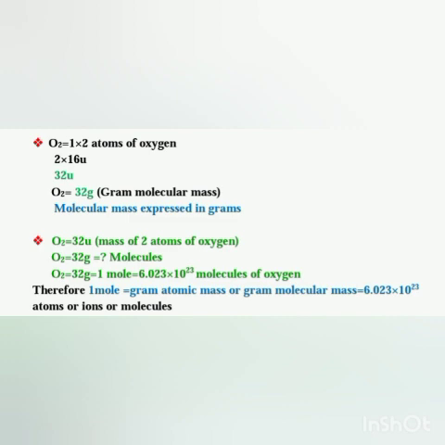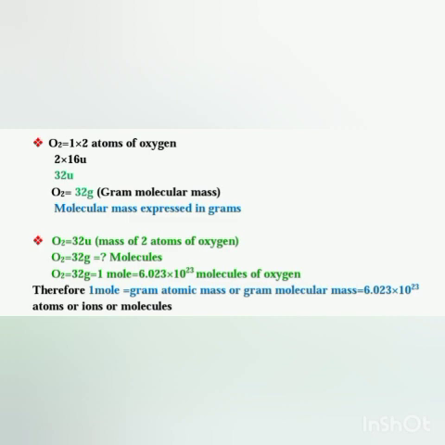But what does 32 g mean? 32 g is gram molecular mass. Now gram is a bigger unit, so we cannot say that 32 grams is the mass of one molecule of oxygen, because atoms and molecules are very, very, very small. So 32 grams cannot be the mass of one molecule or two atoms of oxygen.